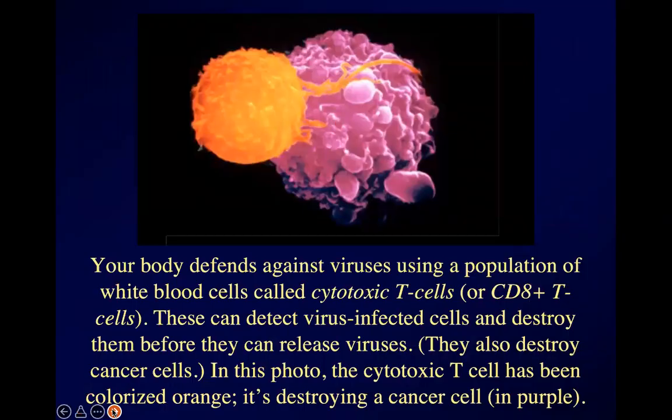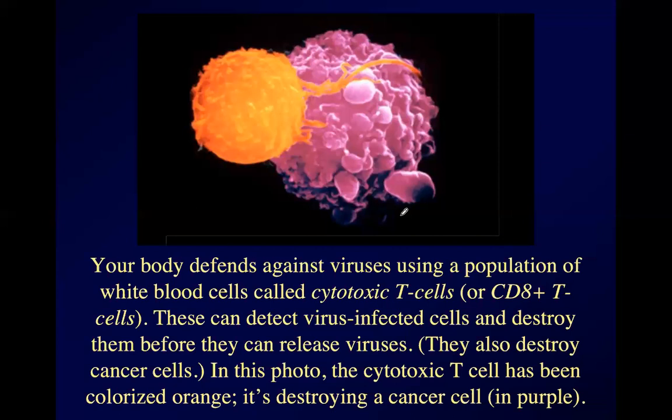By the way, your body defends against viruses using a population of white blood cells that are called cytotoxic T cells, or as they're also called CD8 cells. This is a colorized picture. This is not the natural colors. But in orange, that thing is a cytotoxic T cell. And the cytotoxic T cell is buddying up to, in this case, a cancer cell, which is shown in purple, but it would also buddy up to a virus-infected cell in the same way.